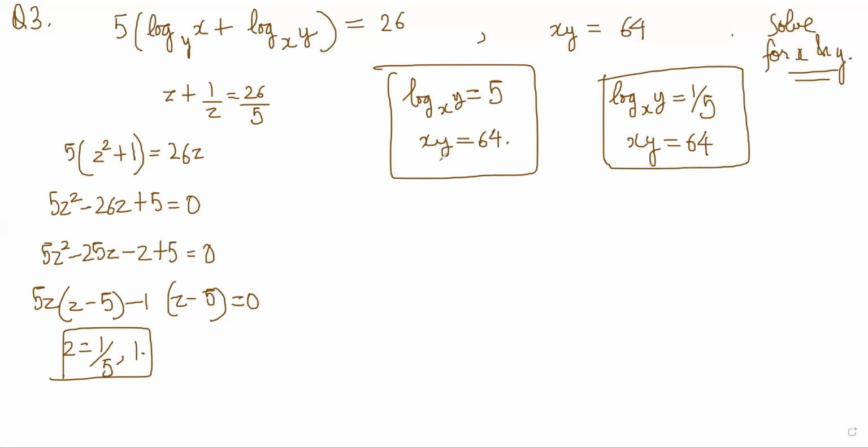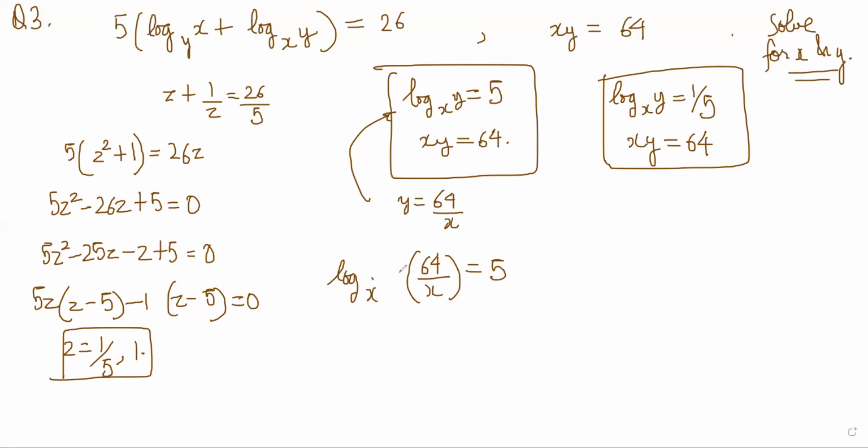So here it should be easy to do now, because what you can do here is put y is equal to 64 by x, and put this in the first one. So you will say log x 64 by x is equal to 5, right?